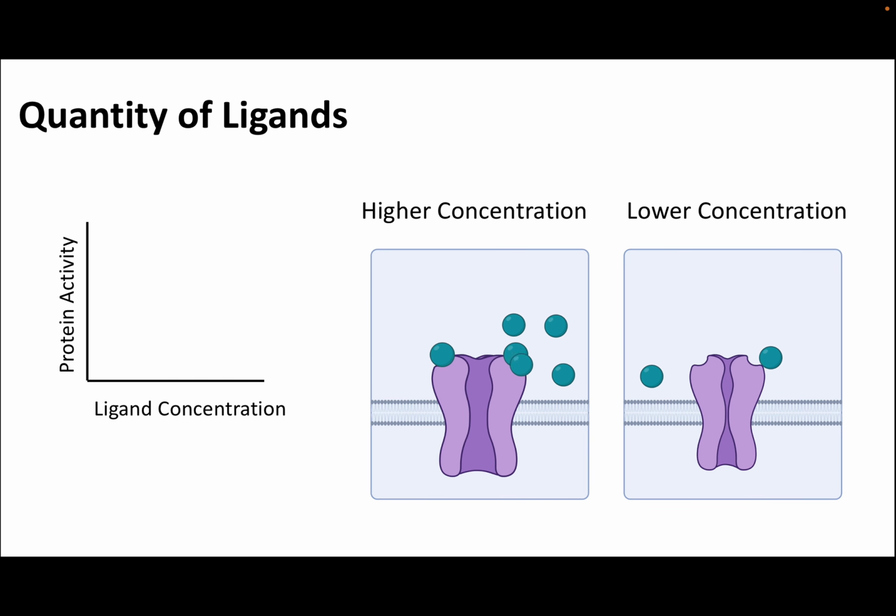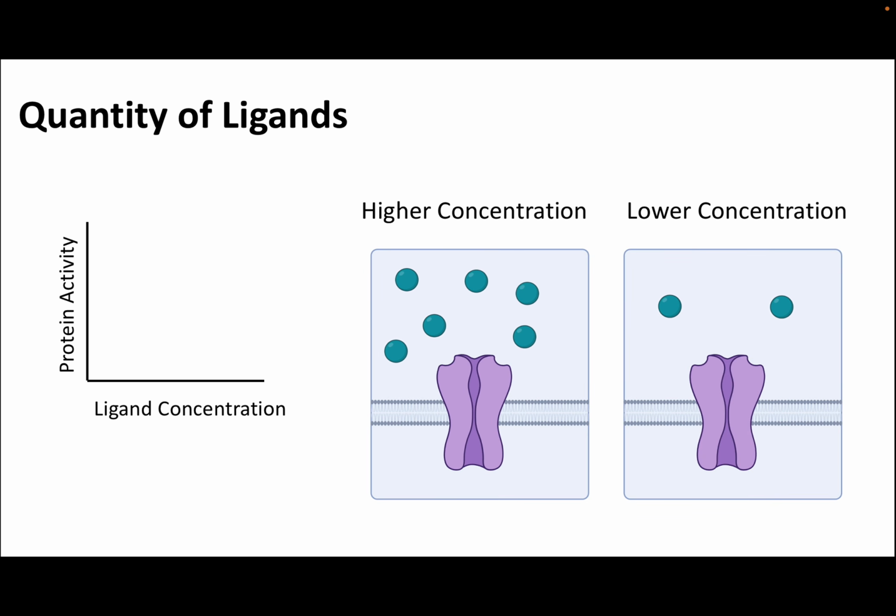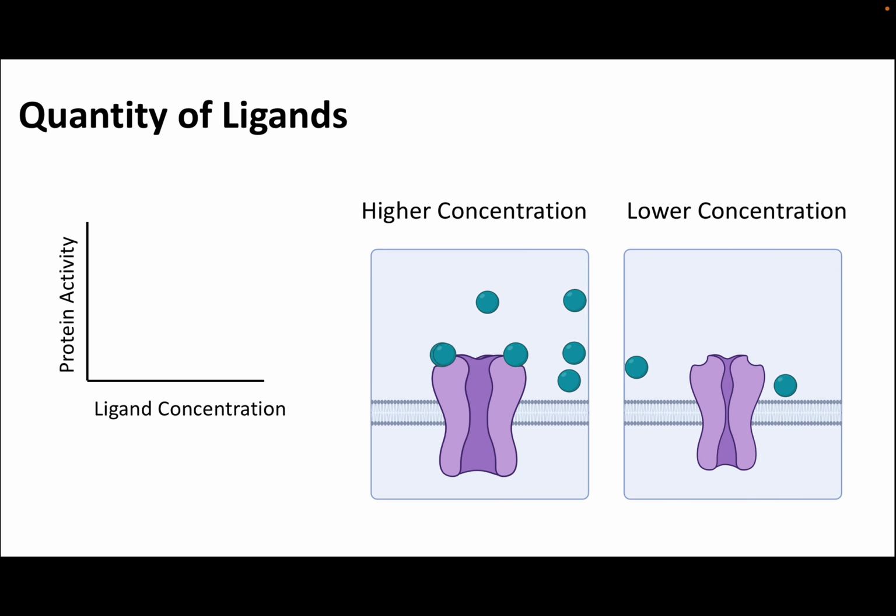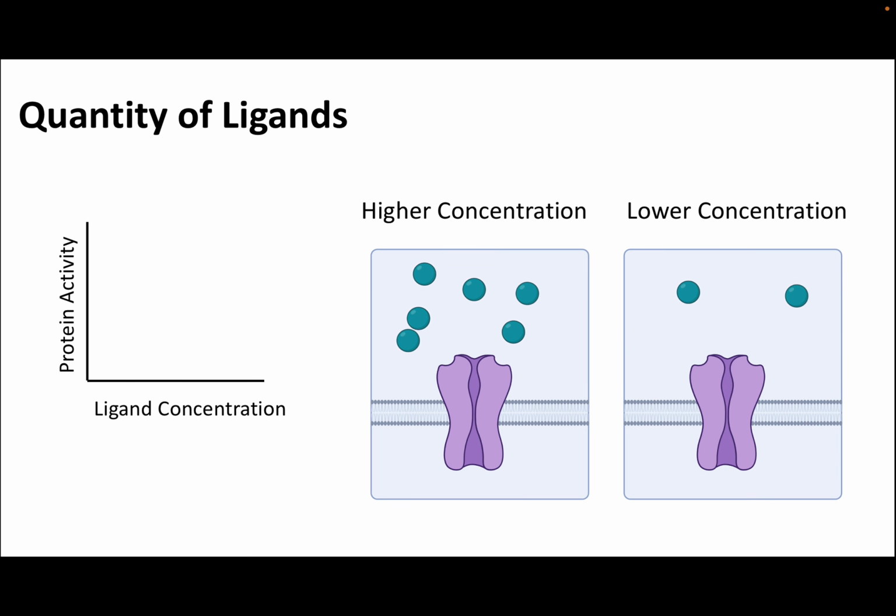So basically what you're waiting for is you're waiting for these ligands to bounce off of things in the environment and then travel in the correct direction where they end up hitting the binding site of the protein. As you can imagine, when you have a higher concentration of the ligands and there's more of them, the likelihood of the ligand making it to the binding site is higher.